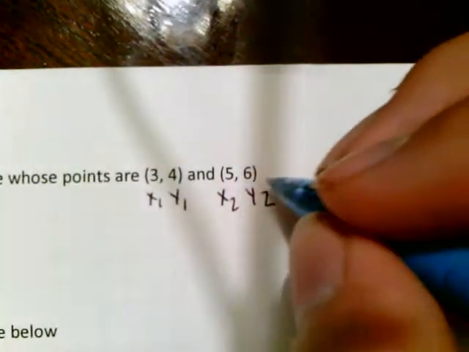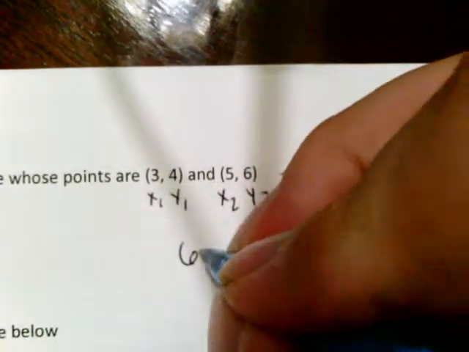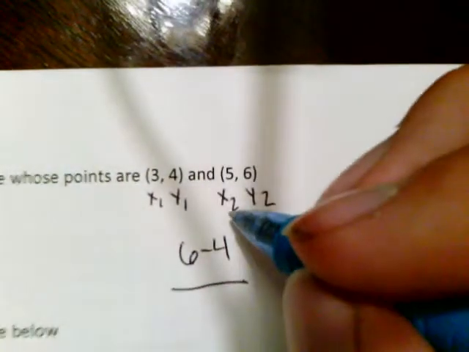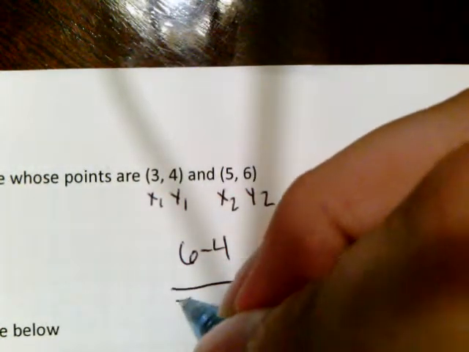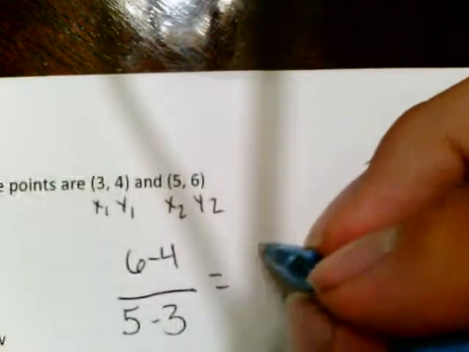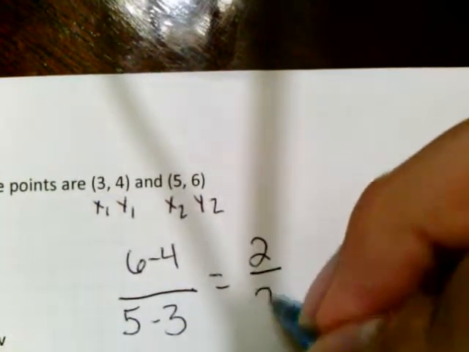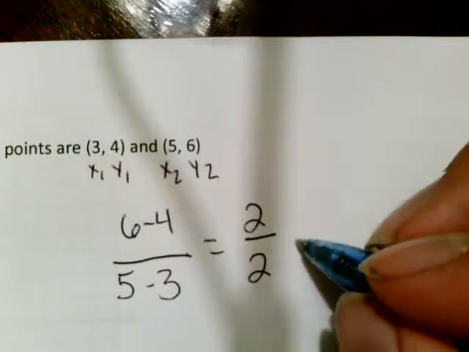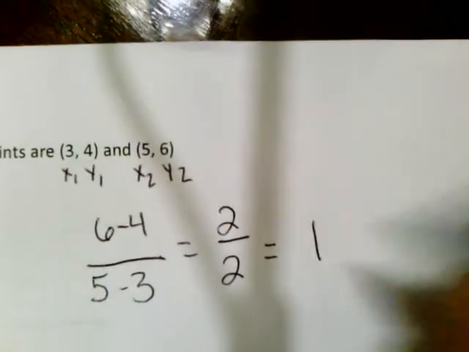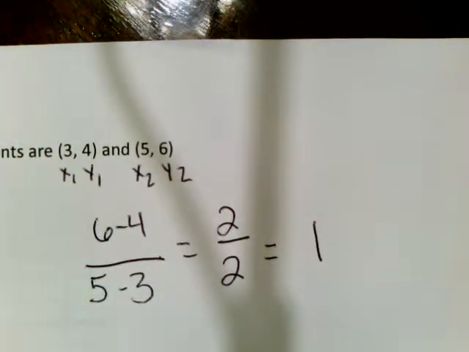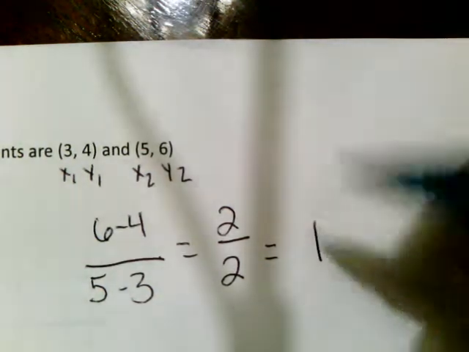It's y2, which is 6, minus y1, which is 4, all over x2, which is 5, minus x1, which is 3. You get 2 over 2, which reduces down to 1. Your rate of change is 1, or technically 1 over 1. So you would go up 1 over 1.